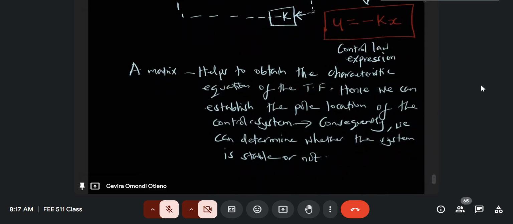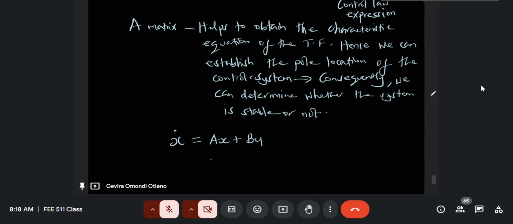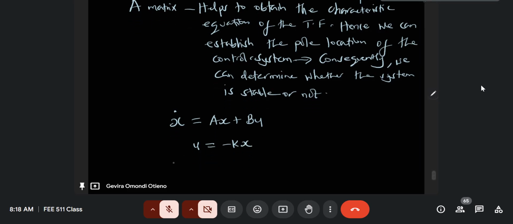So the derivative of x equals Ax plus Bu. But we have just seen that u itself is minus Kx. So if we substitute that, then the derivative of x would be equal to Ax minus BKx, because u is minus Kx. I'm simply substituting for u.